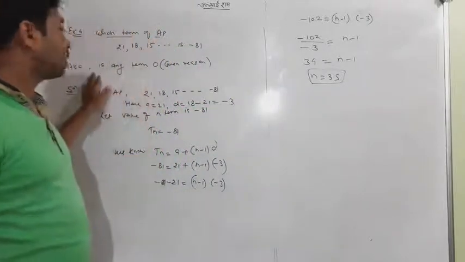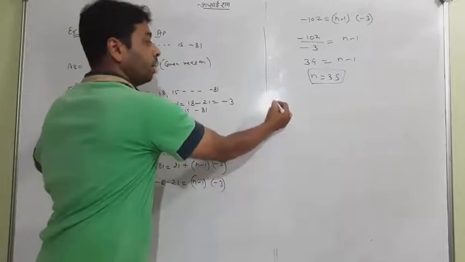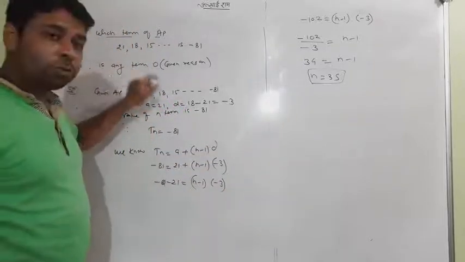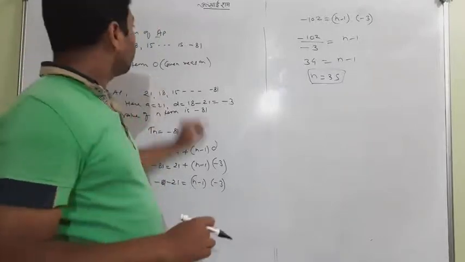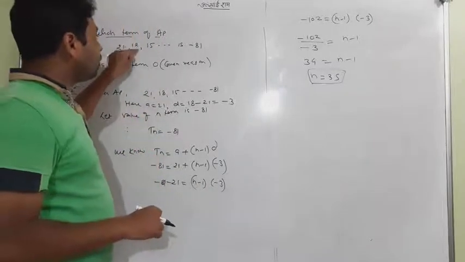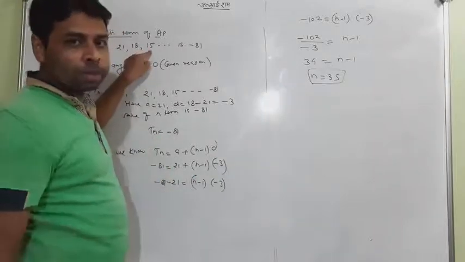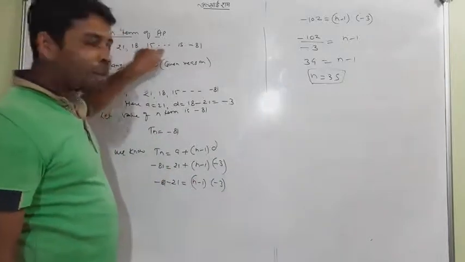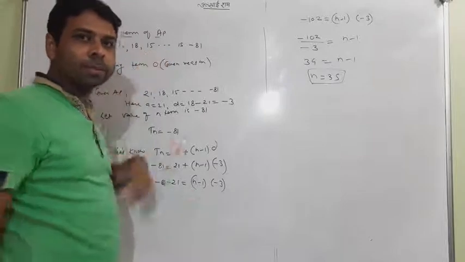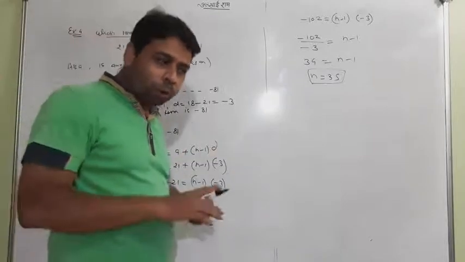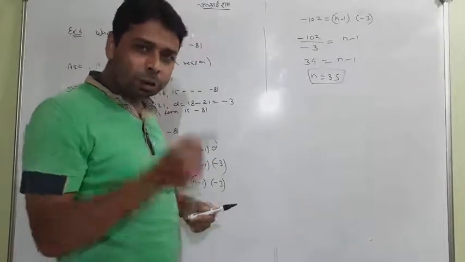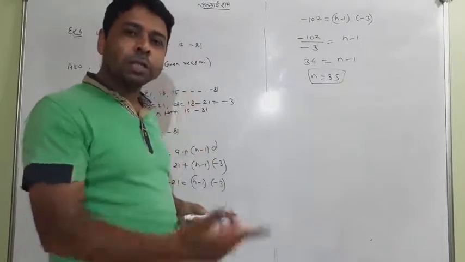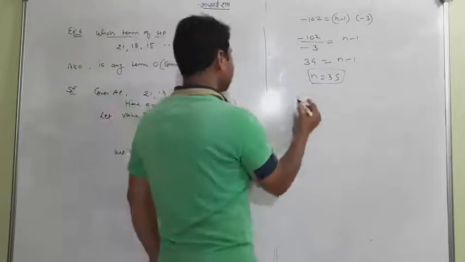Now what does the question say second? Is any term 0? What a wonderful question this is. 21, 18, 15: this AP is in decreasing order. After 15 will come 12, 9 and so on. So the question is asking whether 0 will come anywhere, or is 0 any term of the AP?